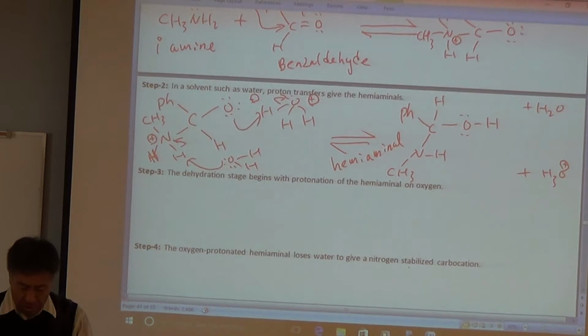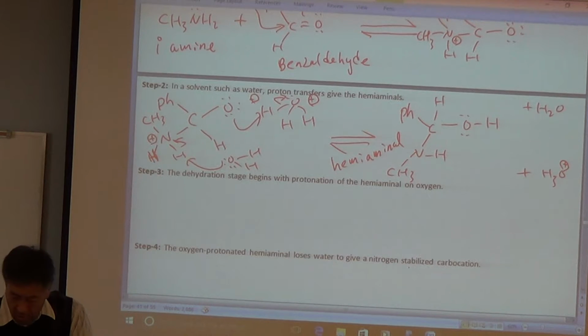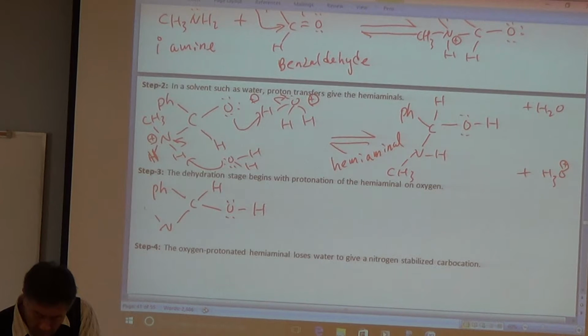Next step is where the dehydration stage begins. Okay? We will take that H, C, H, and this is kind of an alcohol, right? And you have this amine here, and this is CH3.